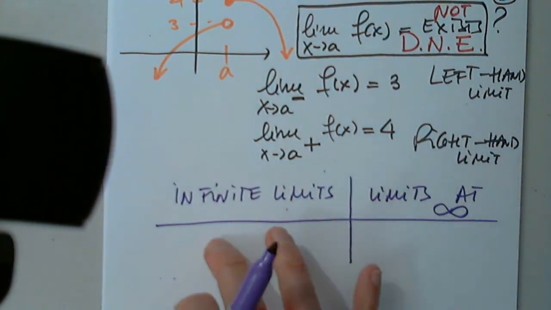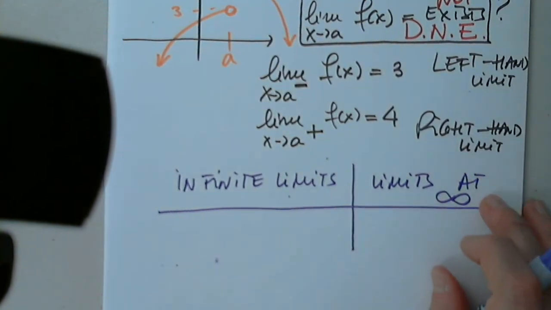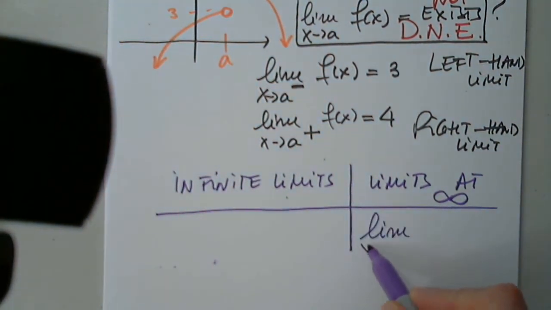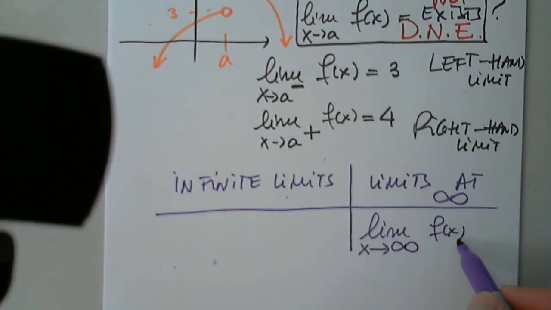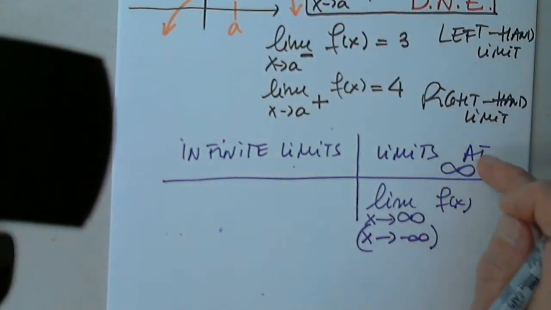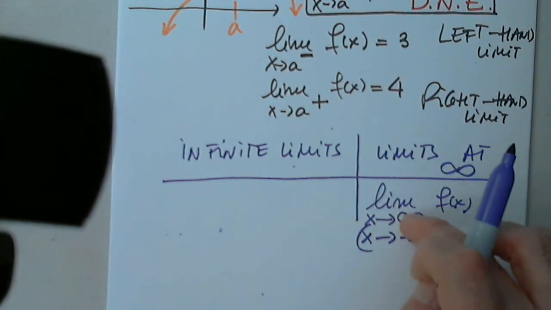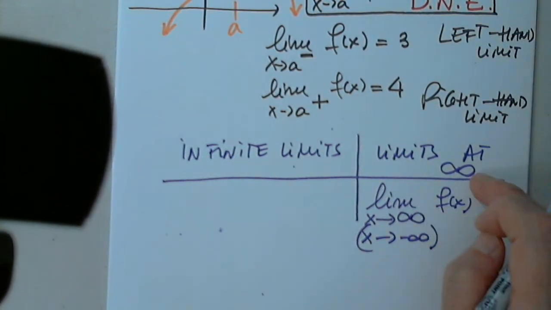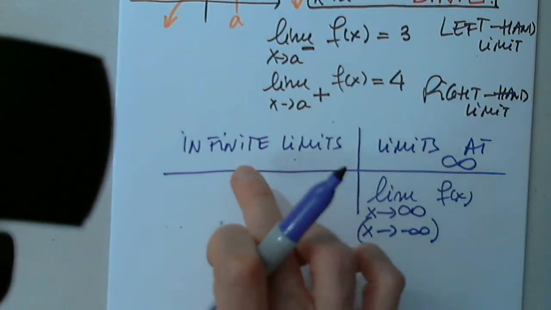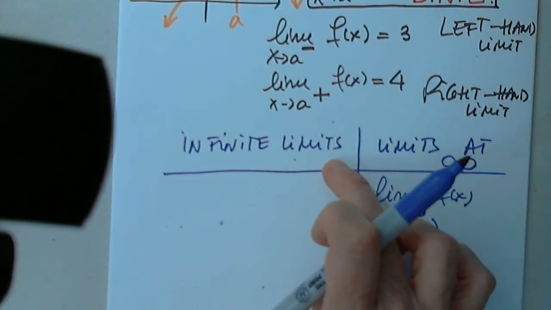These are not the same. Limits at infinity are for later: the limit as x approaches infinity or negative infinity of f of x, not both at the same time. What we want to talk about right now is infinite limits.